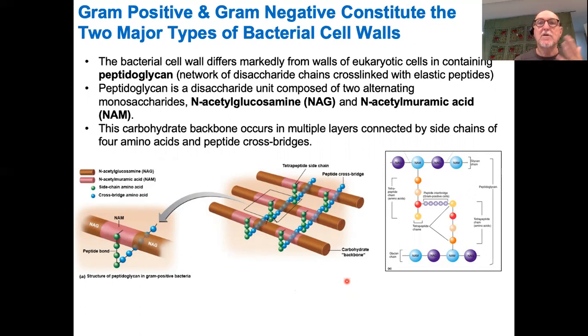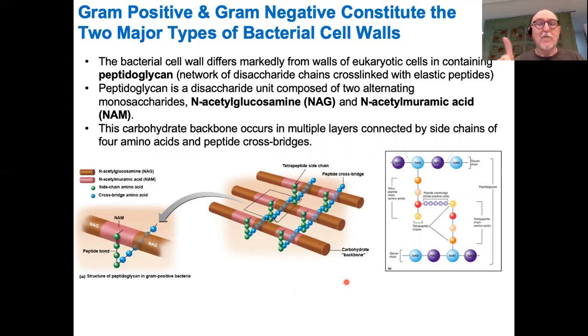There are two distinct types of cell wall, and those are referred to as gram-positive and the gram-negative cell wall, and their structure is quite different. They have taken different evolutionary paths.